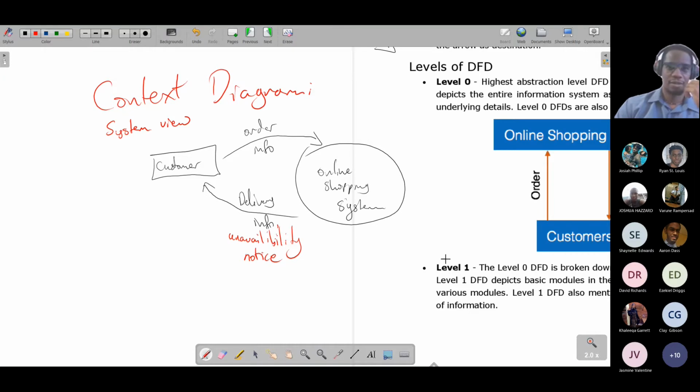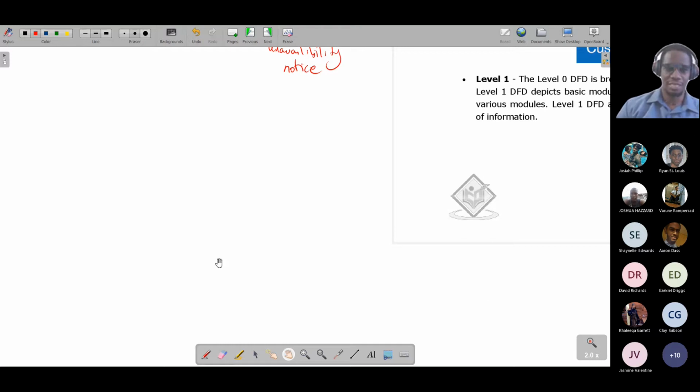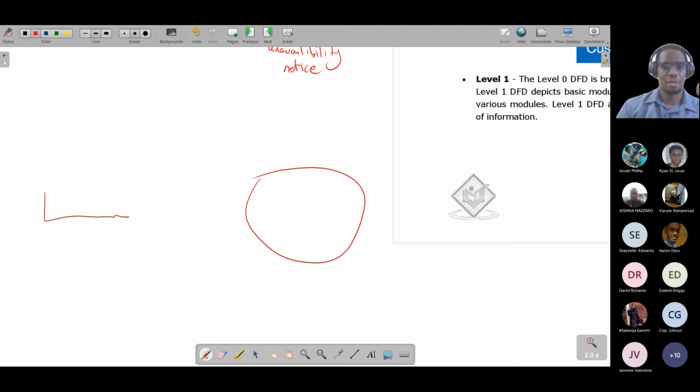Sometimes in some examples, say you have somebody interacting with a system, let's say a patron for a library, so a customer. You might see something like name, comma, address, comma, phone number. You might see it written like that.